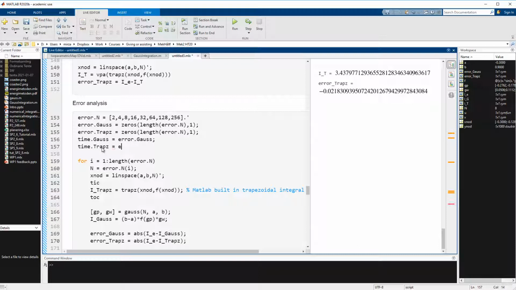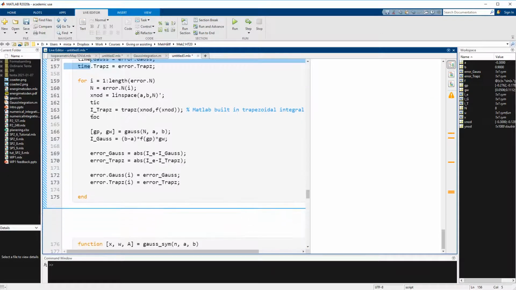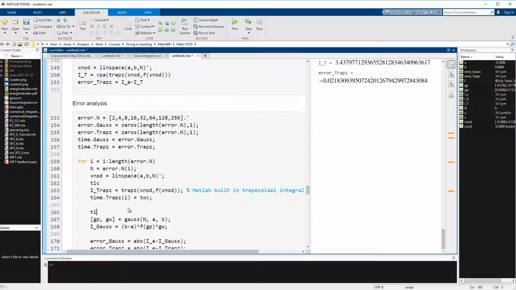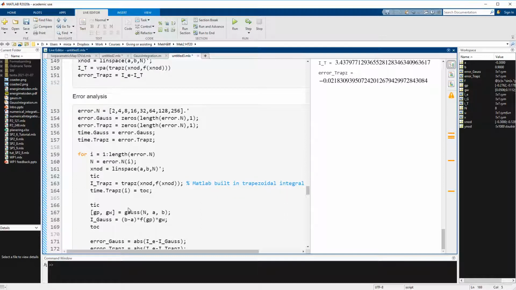Yeah, I just thought about this, didn't think about this earlier. So now I can store this value here in time.traps, and this is going to be I, and then I'm storing the time it takes to run this, like so. And then I'm gonna start the timer for Gauss here, and I'm gonna stop it here. Right, so I'm timing how long this takes to run.